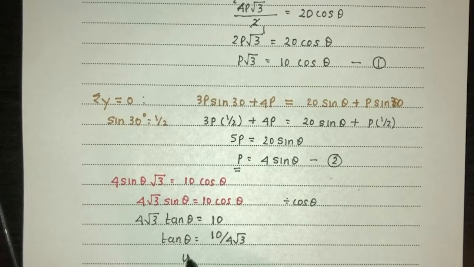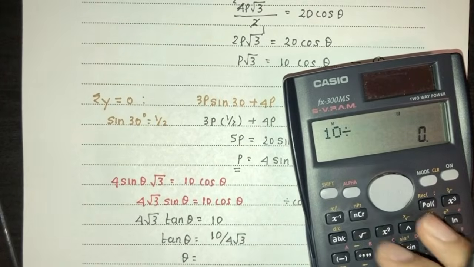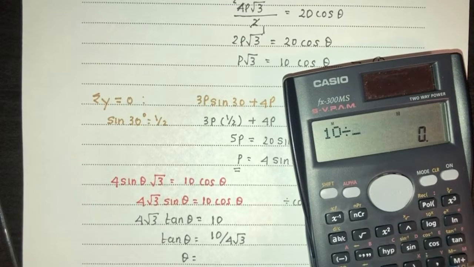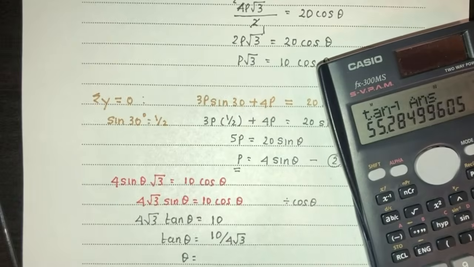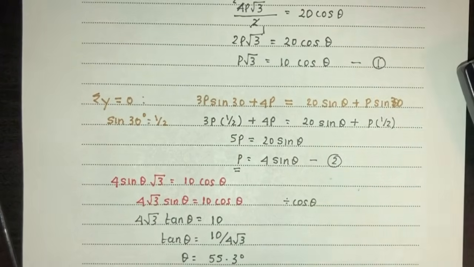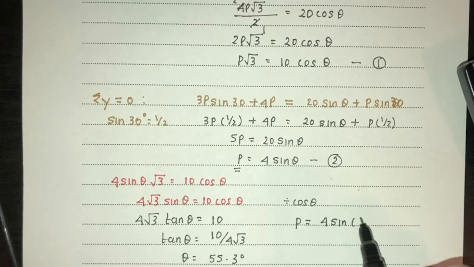So let's find the value of theta. So 10 divided by, sorry, 4 root 3, that will be 55.3 degrees. And using this value to find the value of p is equal to 4 sine of theta.